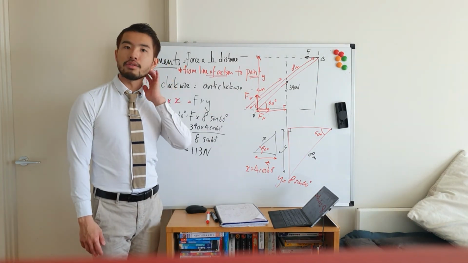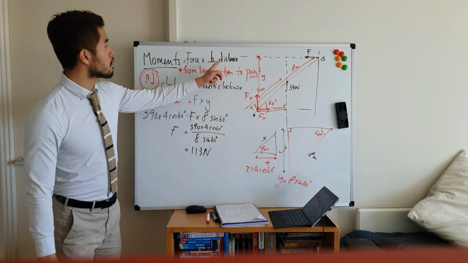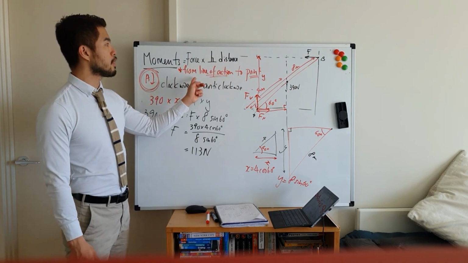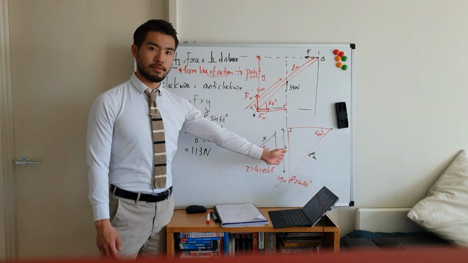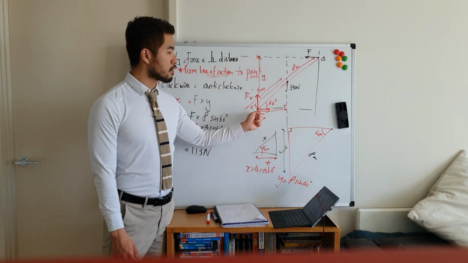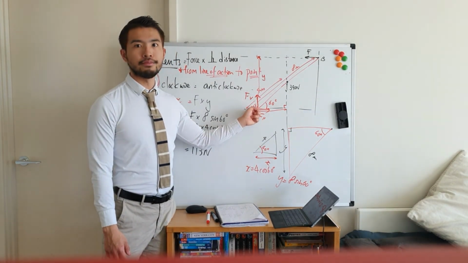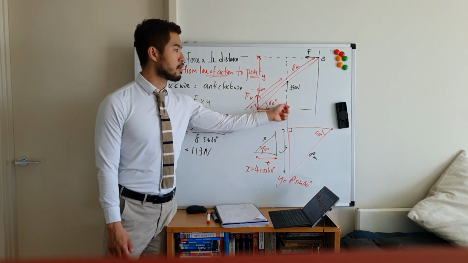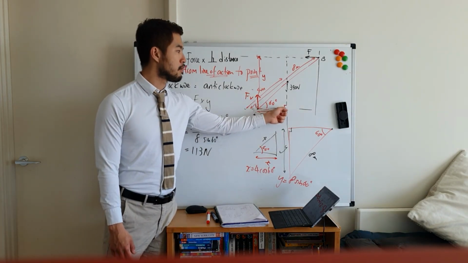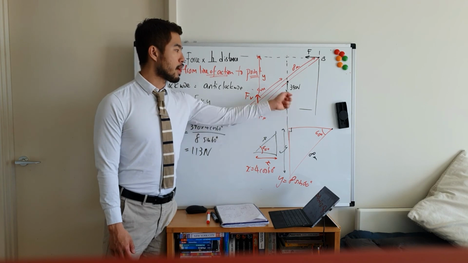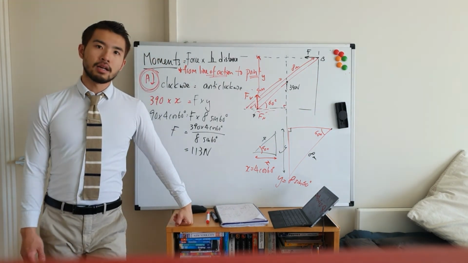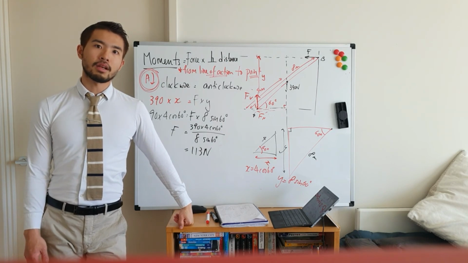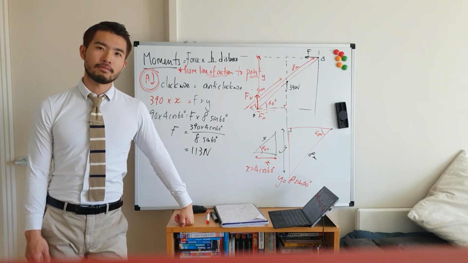In this situation, we will need to find the perpendicular distance from the line of action to the point. We draw the line of action down first, figure out where we take the moments from, and draw the shortest distance from the point to the line of action, because usually that will be the perpendicular distance. Perpendicular means 90 degrees. Okay.